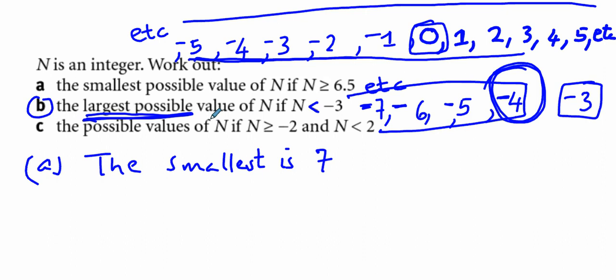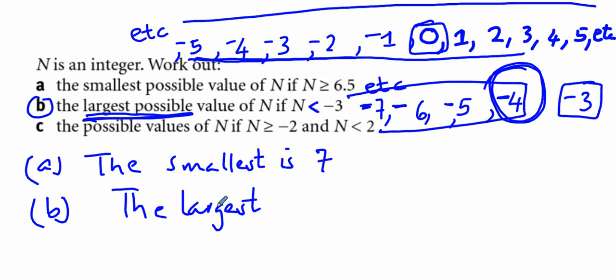So the largest possible value of n, where n is an integer less than -3, is -4.